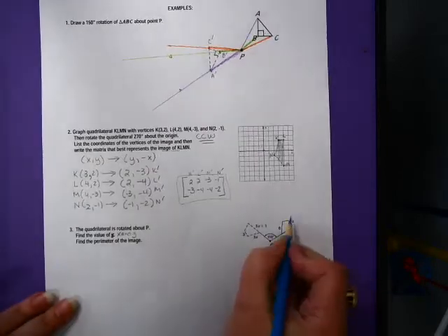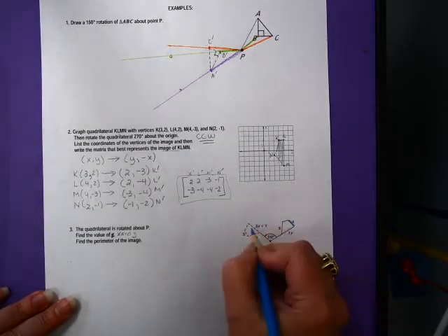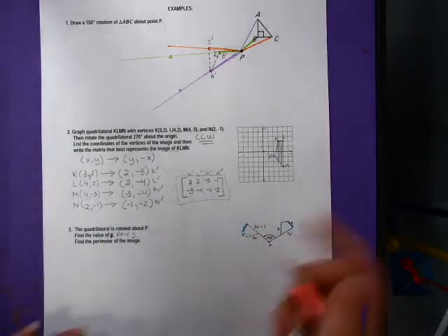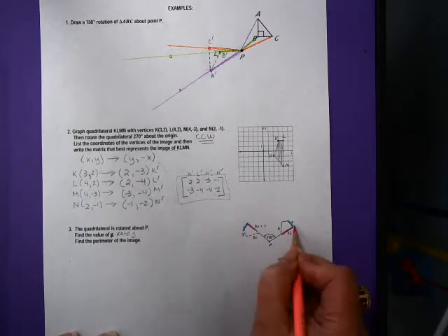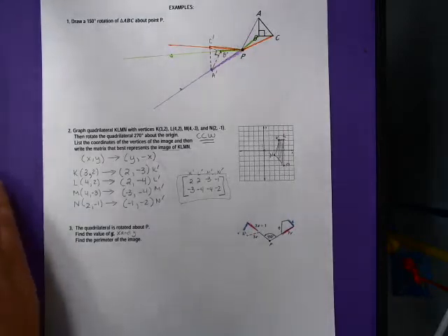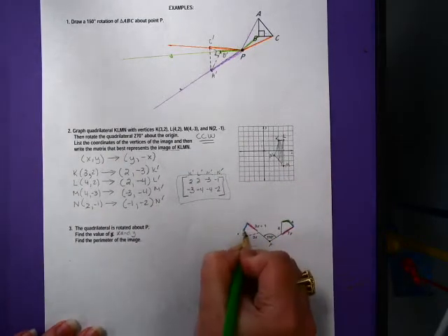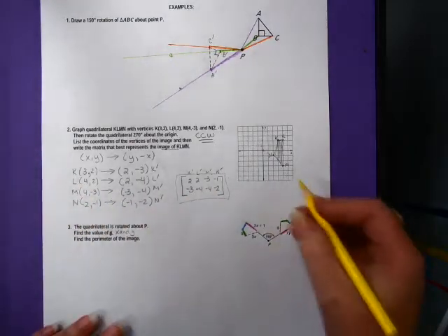So here, this blue side right here maps to this blue side over here. This pink side is this pink side. See, pink then blue, pink then blue. And then the short one, that's going to be this side here.